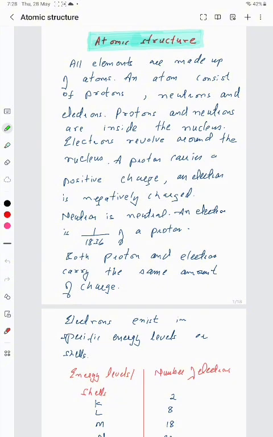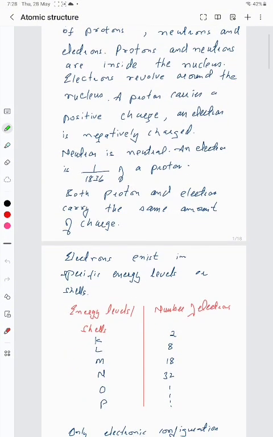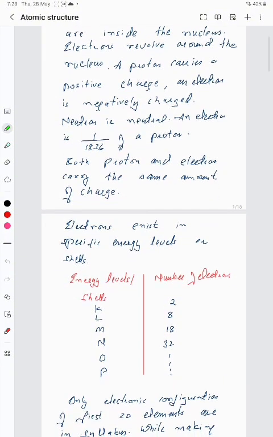That's also acceptable. So instead of 1836, you can also find 1 over 2000. So electron is 1 over 1836 times of a proton. Proton and electron carry the same amount of charge, but there's a difference in size, as I pointed out.